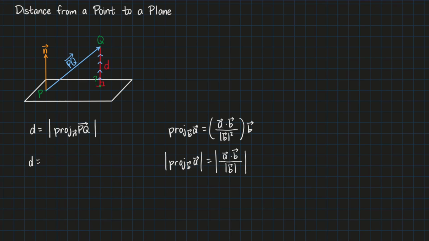This means that the distance equals the magnitude of PQ dot n divided by the magnitude of n. And this is the equation of the distance between a point and a plane.